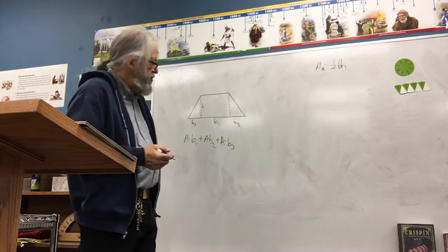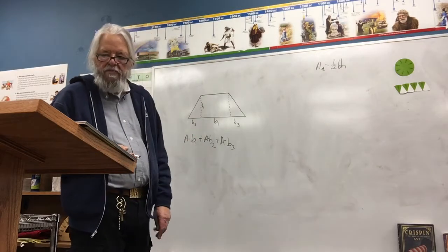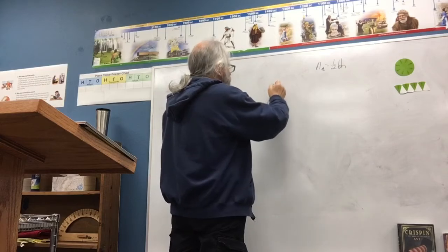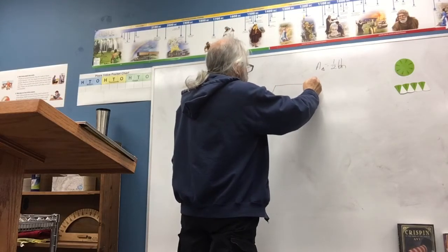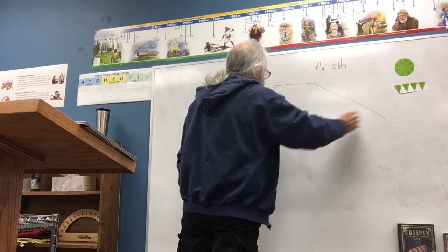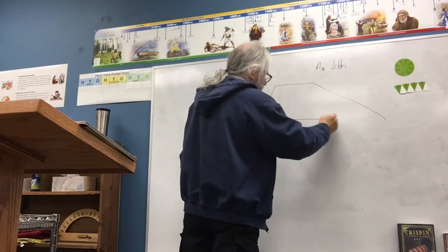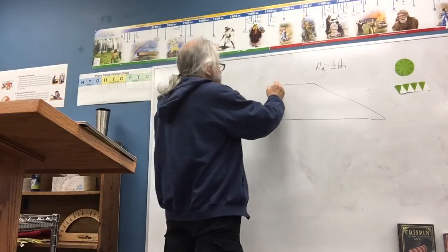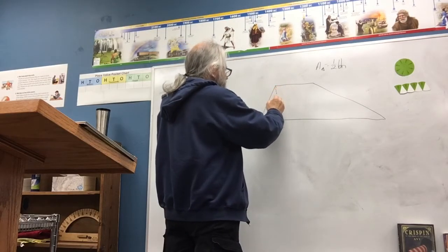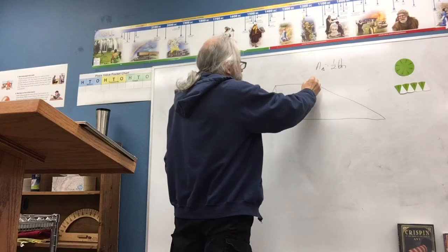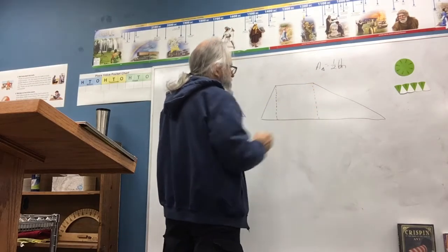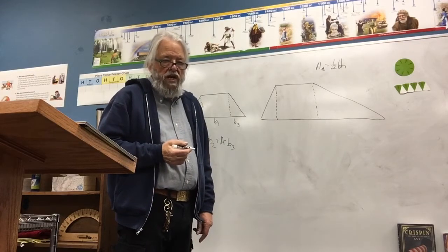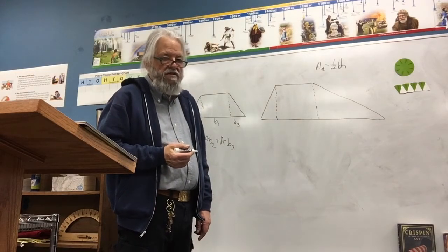Now, they show you a trapezoid that's not regular shaped. So, in that case, you still divide this on the perpendicular, and you have two triangles, but they're not the same size.